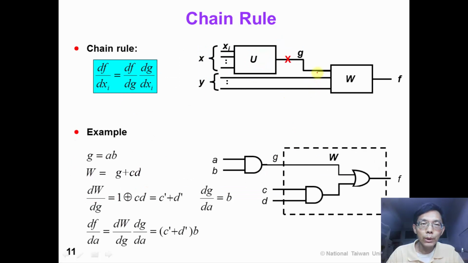If we can decompose a function into two, then we can use the chain rule to find the Boolean difference.